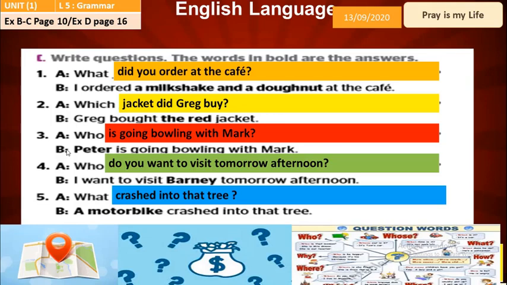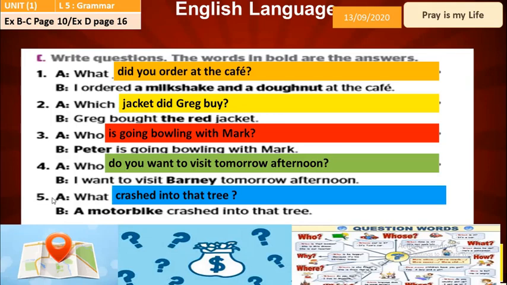The fourth question asks about Barney, and Barney is the object of the sentence. Again, we will need the question form, and our question will be, who do you want to visit tomorrow afternoon?